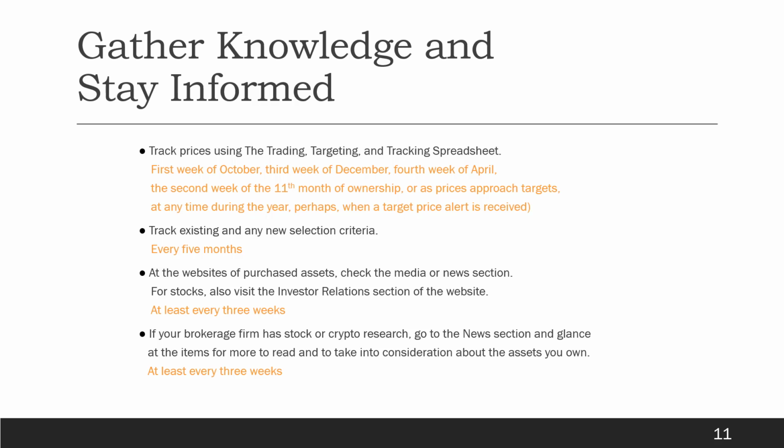Until it is time to sell each of our 5 holdings, NVIDIA, Amazon, Ethereum, Polkadot, and Bitcoin, gather knowledge and stay informed about these assets. We are already tracking prices whenever we want to see how we are progressing to our targets during our holding periods. Perhaps a capitulation or appreciation target price alert has been received.